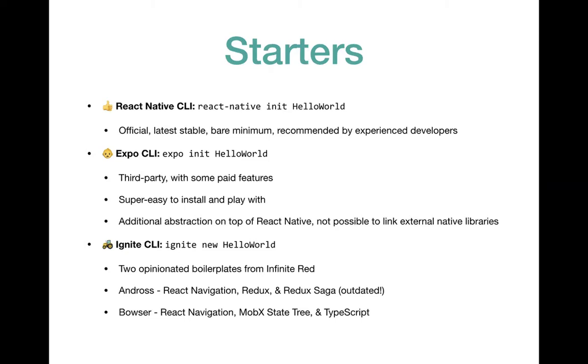The other one is the latest and greatest, as they say. It uses other tools for state management. They use MobX State Tree and they use TypeScript. Both boilerplates are very good examples of how you can build something, say Tractor, using React Native.